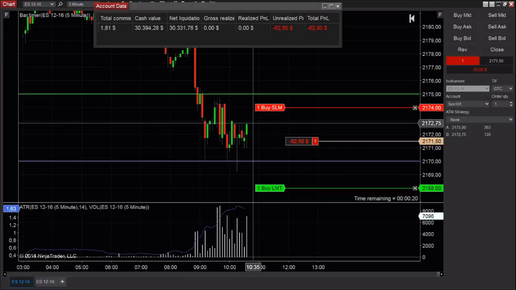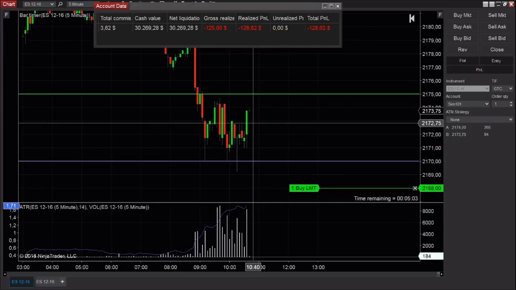We have a positive close. We have to reverse our position. So our entry would have been here on 72, no, actually 73.75.